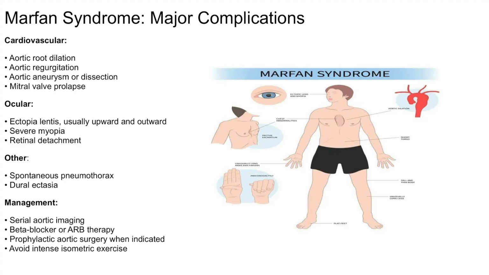And then management centers on serial imaging of the aortic root, reduction of aortic wall stress with beta blocker or angiotensin receptor blocker, and prophylactic surgery when the aorta reaches a high-risk size. Patients should also avoid intense isometric exercise that sharply increases blood pressure.